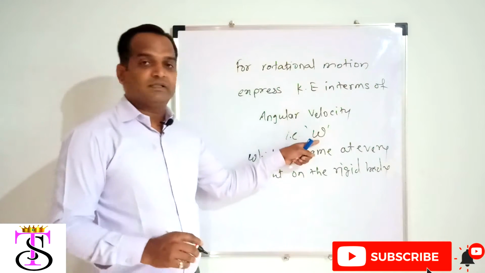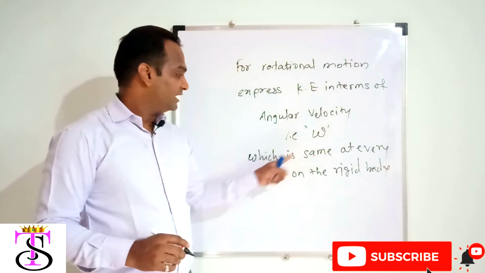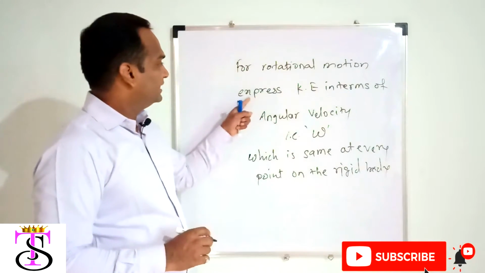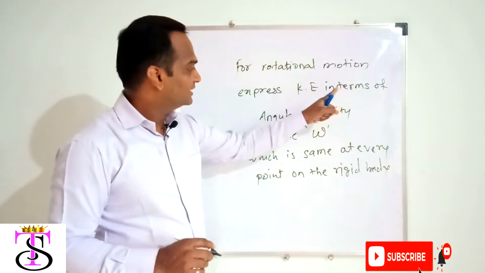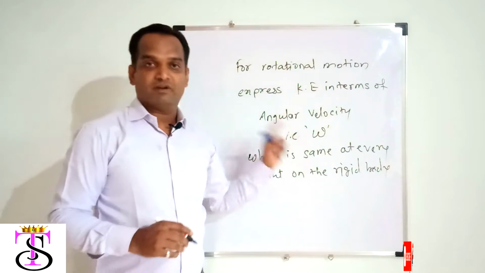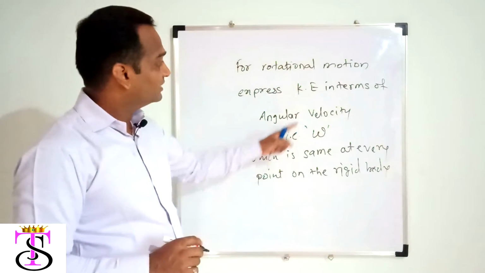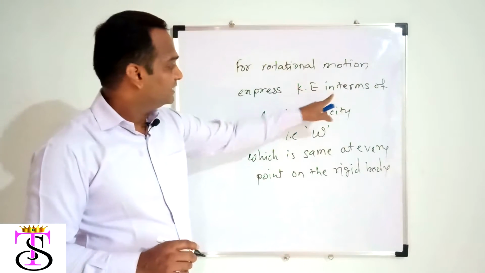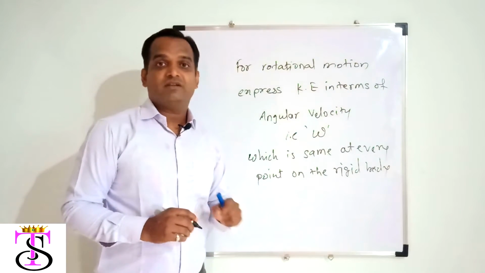As this angular velocity omega is the same at every point on the rigid body, we can easily formulate this kinetic energy in terms of angular velocity. Let us see how to formulate the kinetic energy in terms of angular velocity omega.